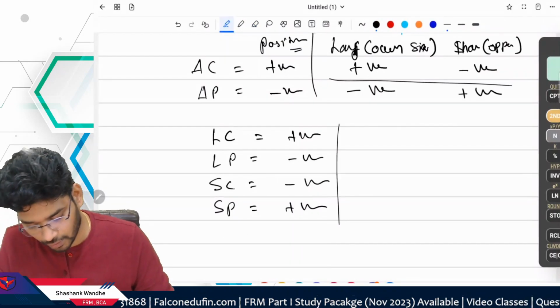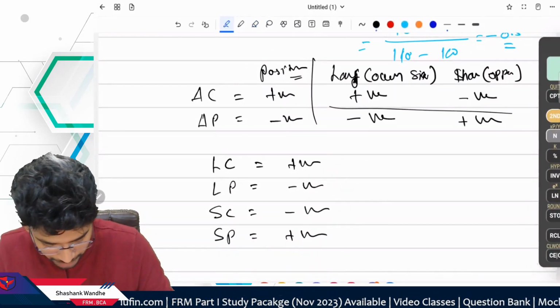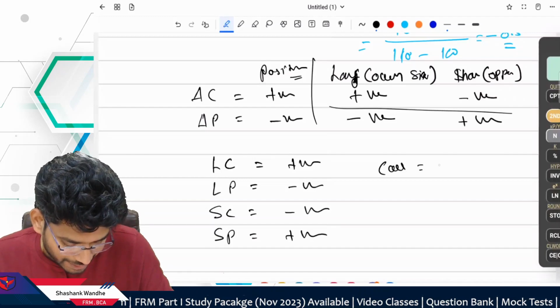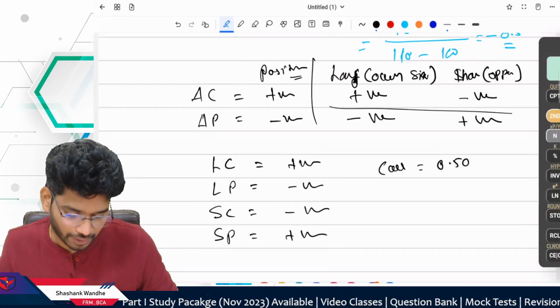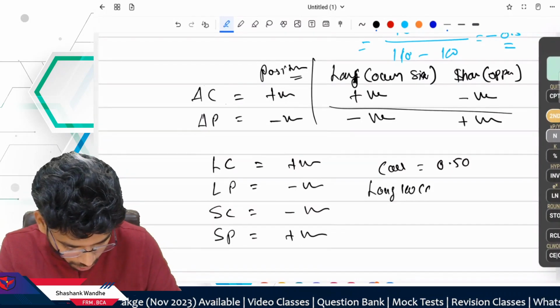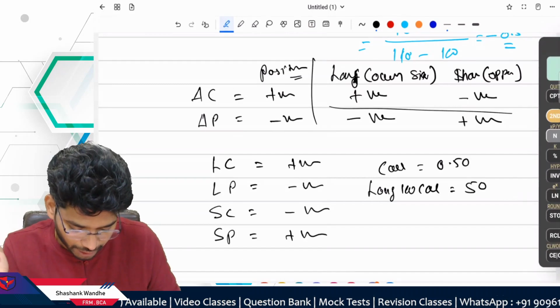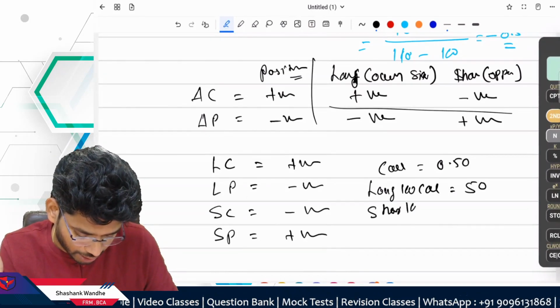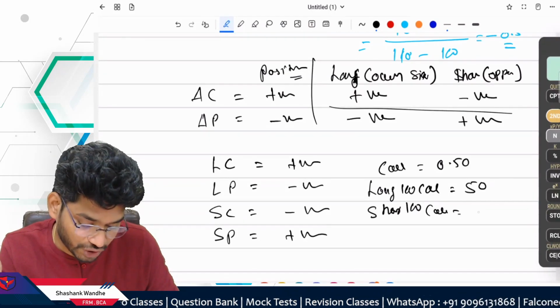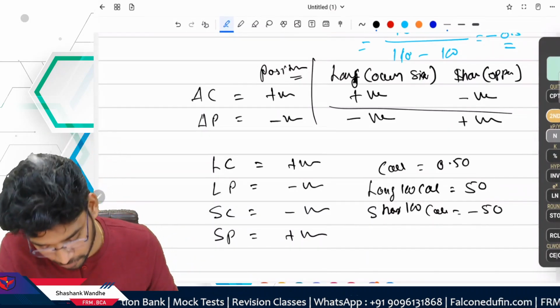Now if you have, say, 100 options, and a call option which has a delta of 0.50, if you take long 100 call, then your position delta is 50. If you take short 100 call, then your position delta is -50. Remember, opposite sign in case of short.